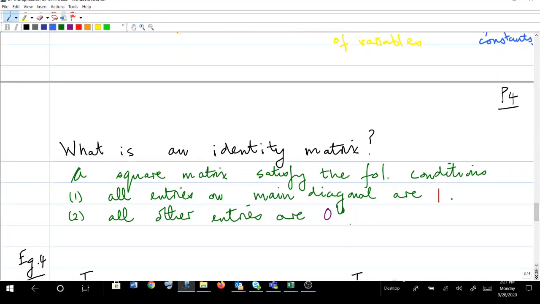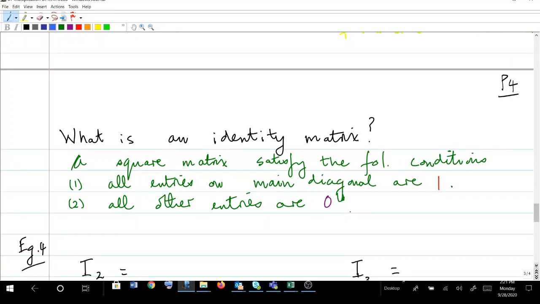So we're now on to page 4 of the lecture outline. And the first question that we are looking at is, what is an identity matrix? Right, so what is an identity matrix?